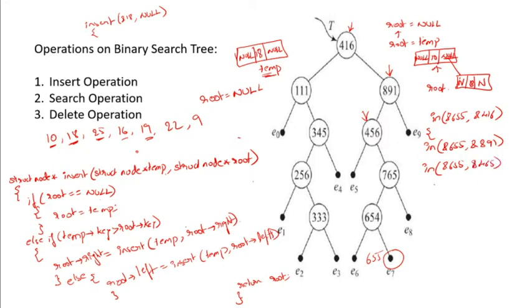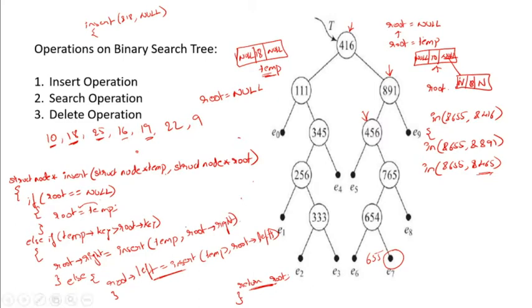So likewise it will go all the way down until it finds a null value. Once it finds a null value, it will initialize that null with the value of temp and then return it back. This statement is very much required because only with this statement you will perform the connectivity of the node.